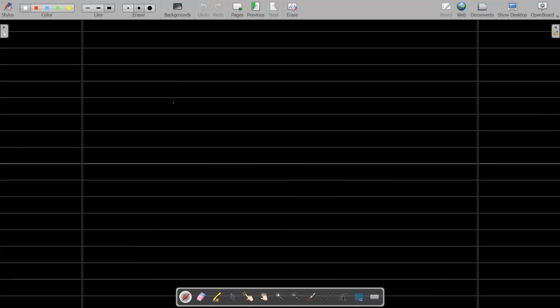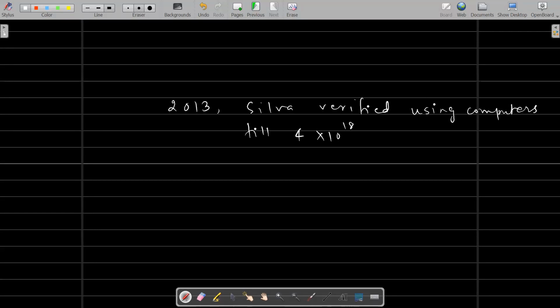And later on, nowadays computers are available. So in 2013, Silva verified it using computers till 4 into 10 raised to 18, which is a very huge number.